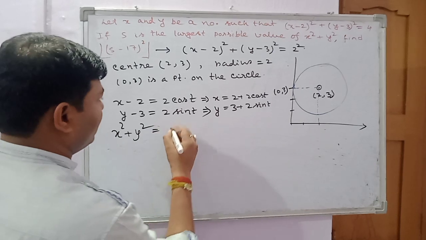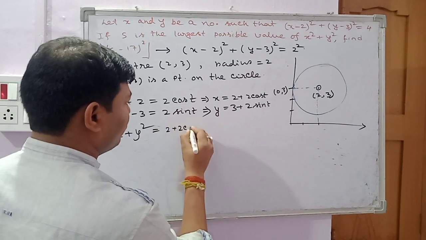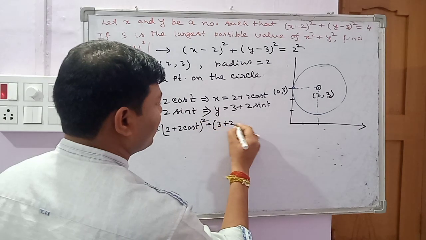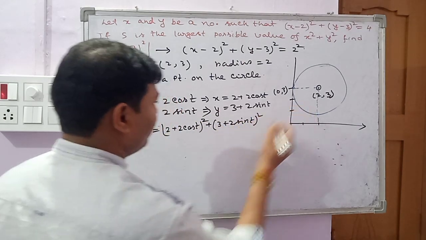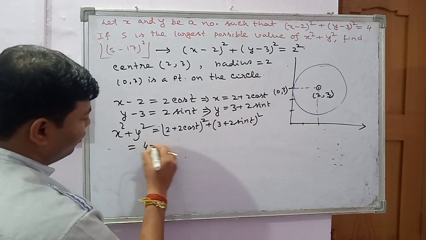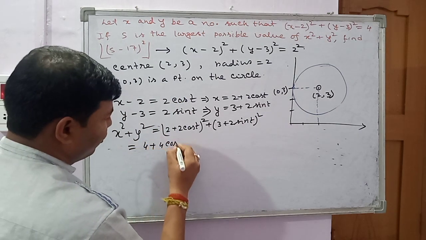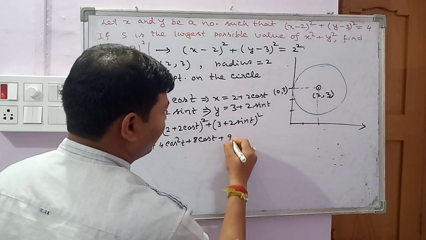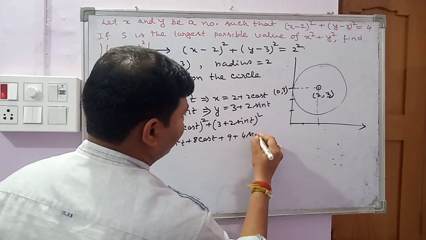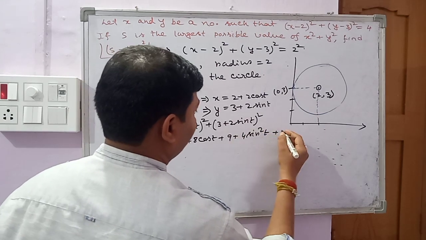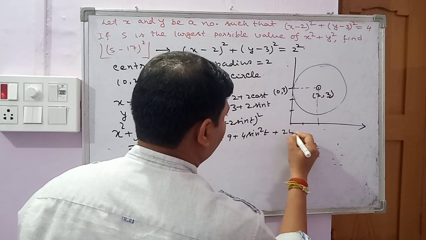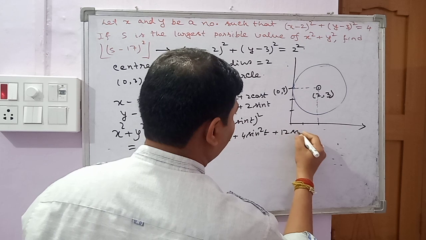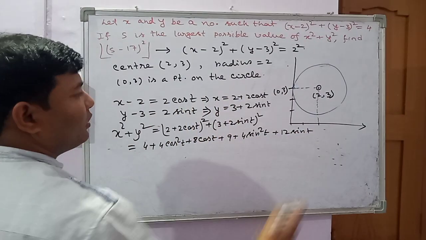So this is (2 plus 2 cos t) raised to the power 2 plus (3 plus 2 sin t) raised to the power 2, which will give 4 plus 4 cos square t plus 8 cos t plus 9 plus 4 sin square t plus 12 sin t, using a square plus b square plus 2ab.